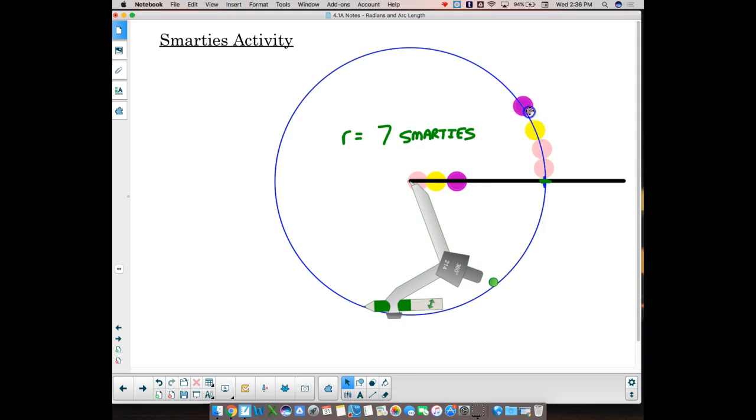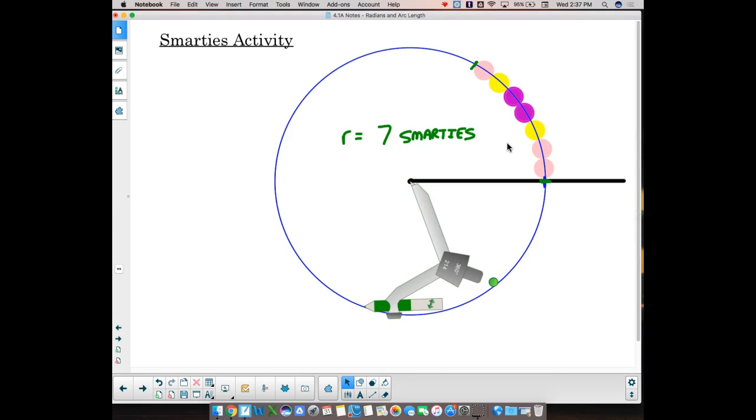Again, edge to edge, Smarty to Smarty. Then I make a tick mark there, and repeat that process all the way around the circle.